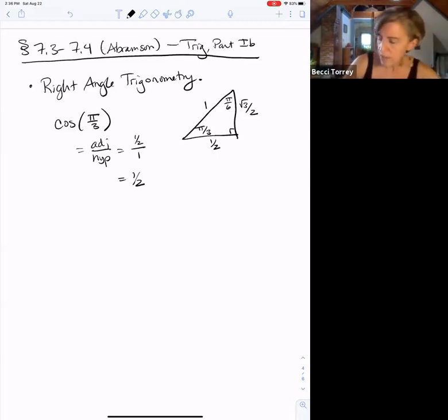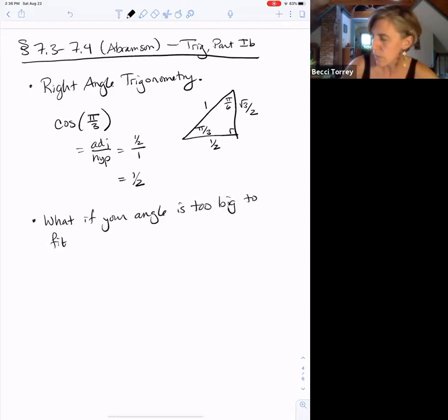Okay, what if your angle is too big to fit in a right triangle?